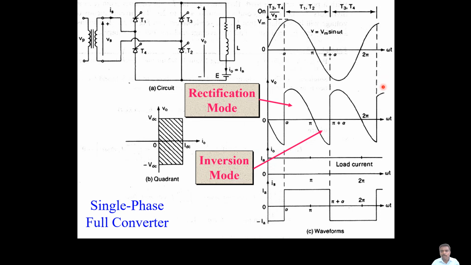So this is the output voltage waveform. You can see the negative portion is also shown in the duration of pi to pi plus alpha. And you can see the quadrant operation. We get positive voltage and positive current in the first quadrant, but the voltage will be negative in the second quadrant, which is nothing but inversion mode. It gives the two quadrant operation.